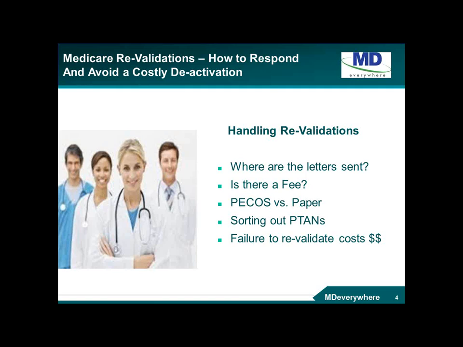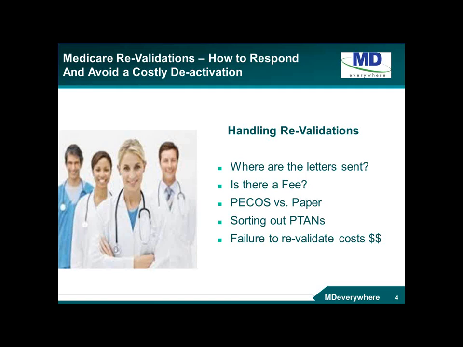Well, if you have multiple PTANs, how do you complete the revalidation? Or if you have both an individual and a group PTAN, can they both be done together? Well, you will receive one revalidation request for all PTANs associated with a particular NPI. Review your revalidation letter carefully, as it will list all PTANs either on the first page or the last page, depending on the intermediary.